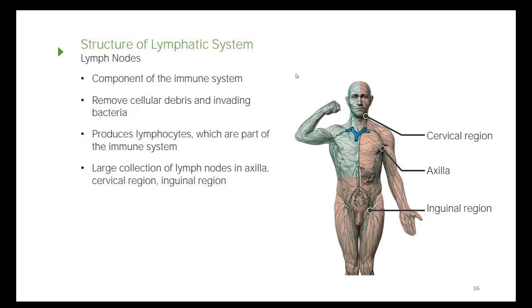Let me see what is important here. Talking about the lymphatic system, places where you find a lot of lymph nodes are your neck, under your armpit, and the inguinal region, the groin area. This is interesting because sometimes in a general office visit, the doctor will palpate under your armpit to see if you have any enlarged lymph nodes.